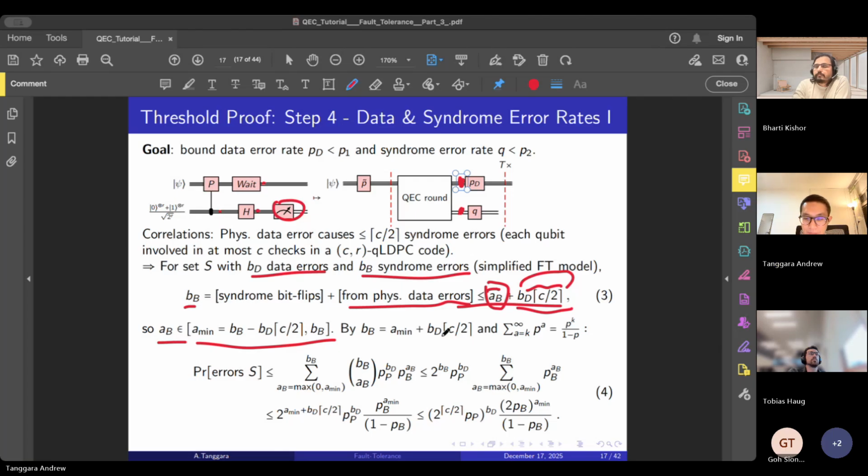I don't think I want to go through the details. There's still a long way to go.